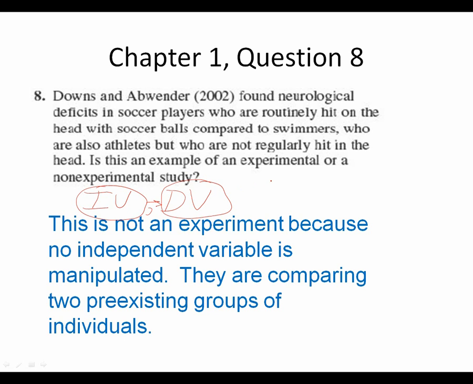Here's a good one. Let's say I have two groups of plants, and I want to experiment on the effect of water, H2O, on plant growth. And so I very carefully measure out and give different amounts of water to my two groups of plants.